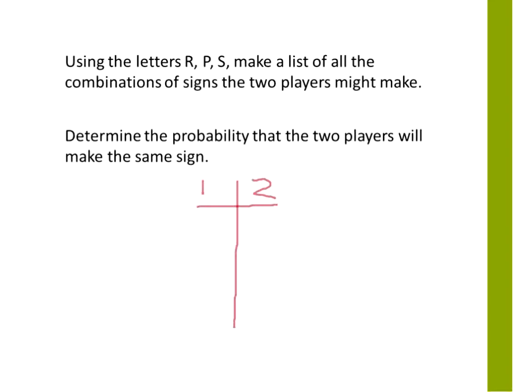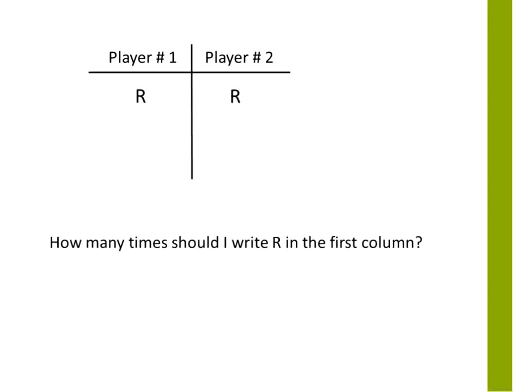So I'm going to move ahead for a second. You know, I could ask, suppose a student is trying to make that kind of list. And so the first thing they might write is player number 1 does rock, player number 2 does rock. If I want to list everything else, how many times would I write rock in the first column?